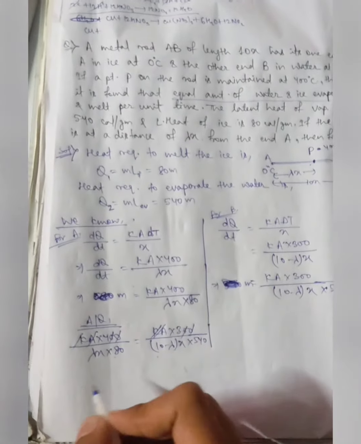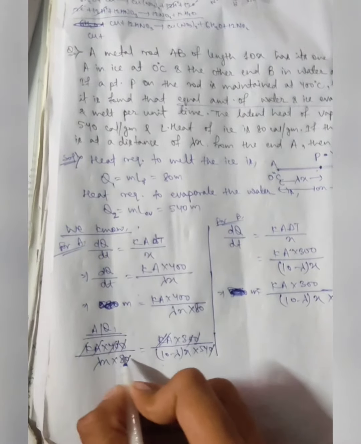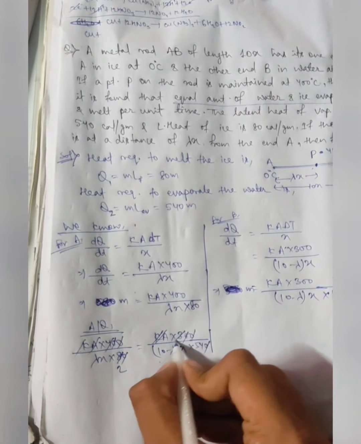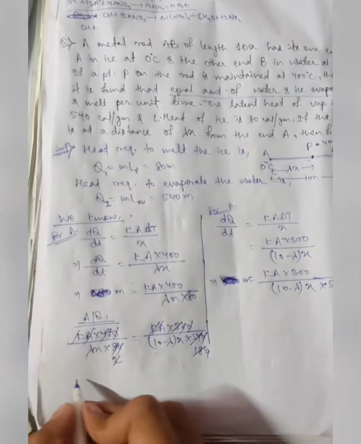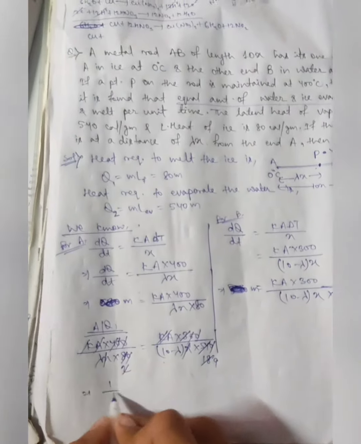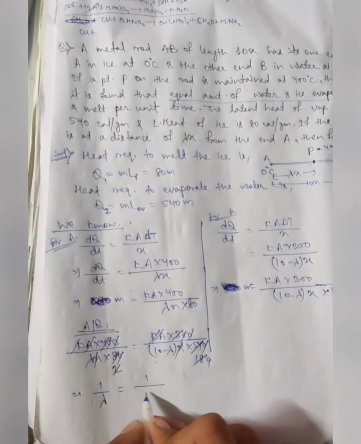Cancelling the terms, we get 4 by 8 equals 3 by 54, giving 1 by lambda equals 1 by ((10 minus lambda) into 9).